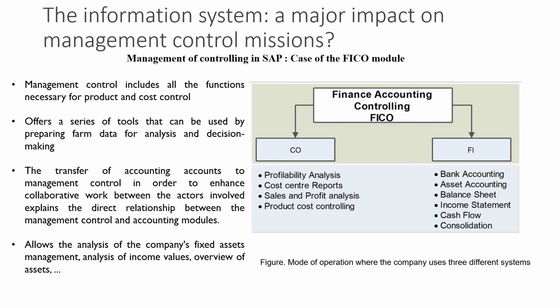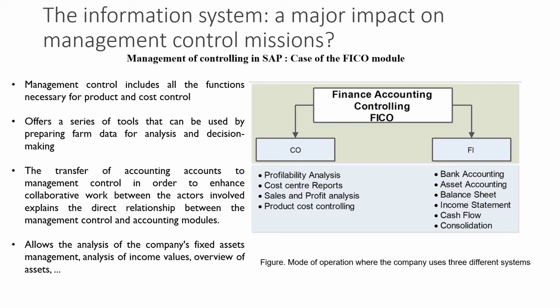So in this sense, the management control includes all the functions necessary for product and cost control. It also offers a series of tools that can be used for preparing firm data for analysis and decision making.